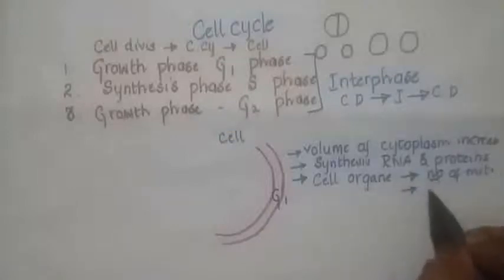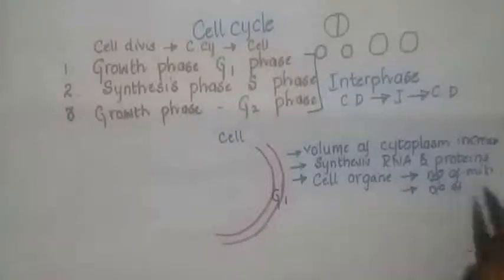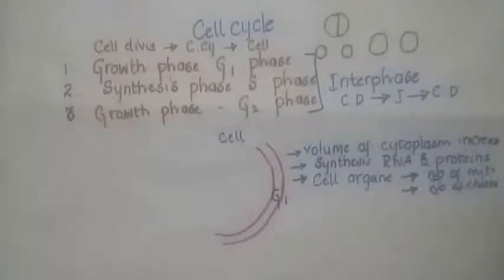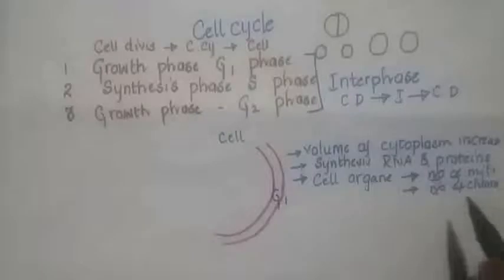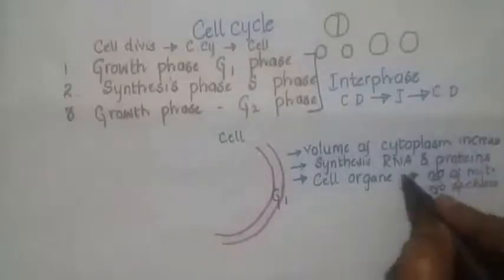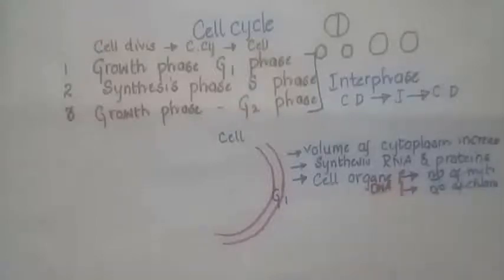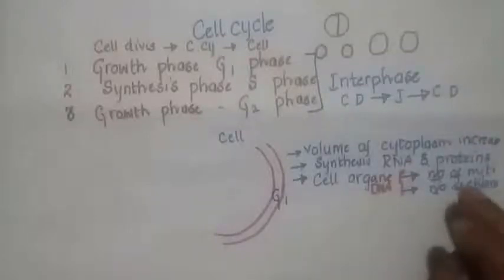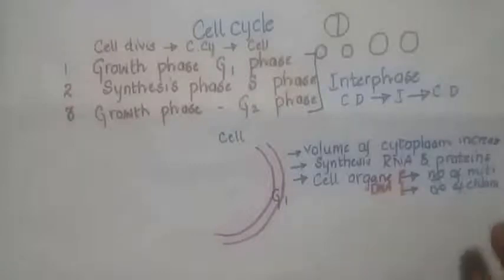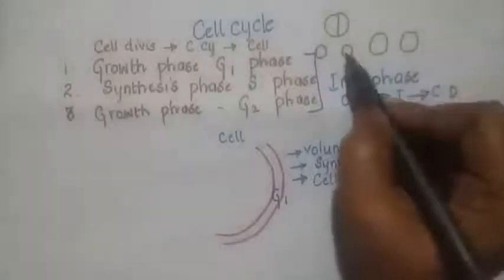If it is a plant cell, the number of chloroplasts. These cell organelles have their own DNA, which enables them to undergo division all by themselves. Thereby the number of mitochondria and chloroplasts will increase in that particular cell.